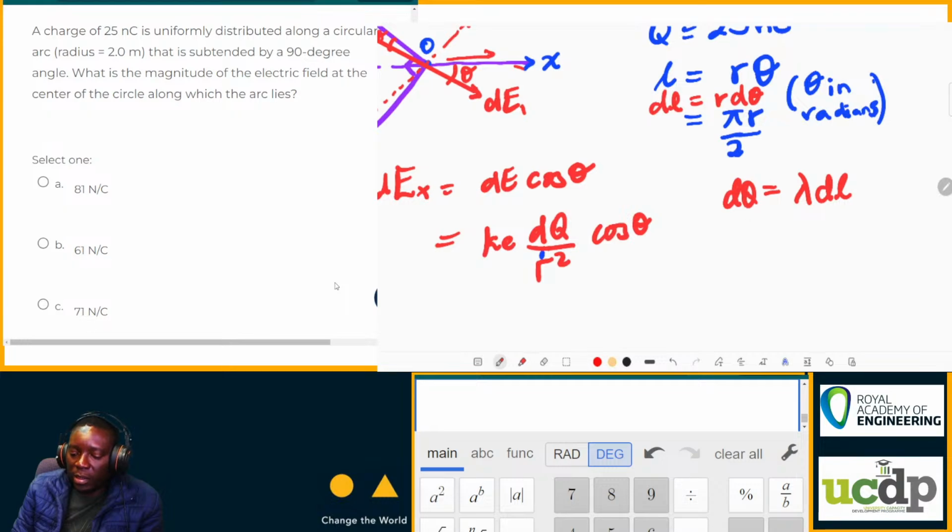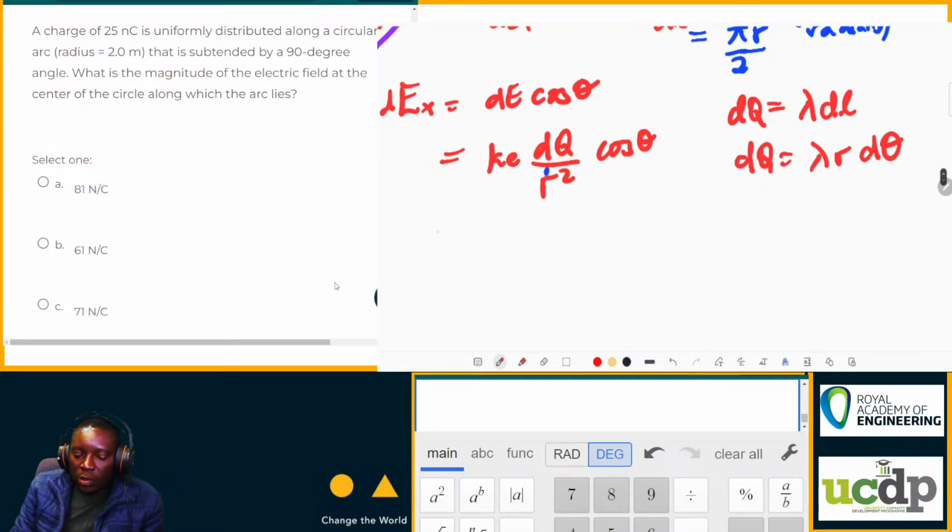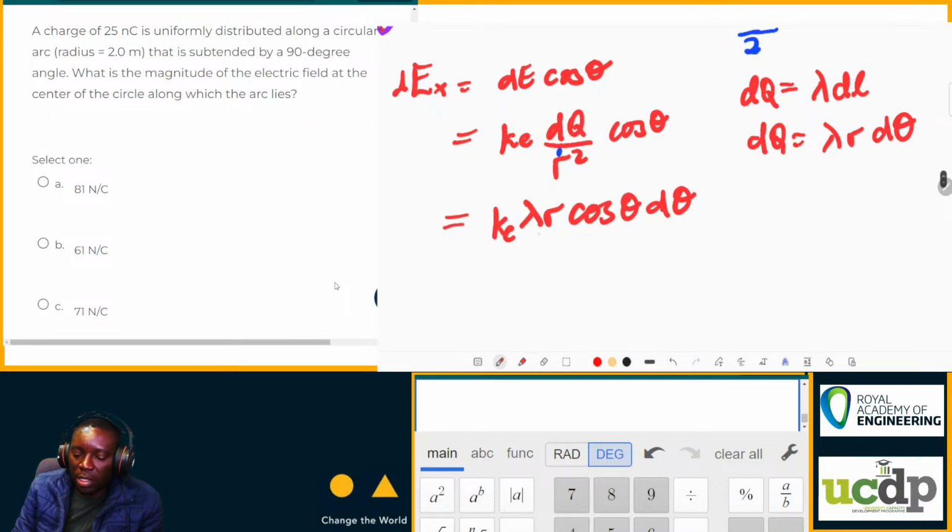So this dq can be replaced with lambda times r d theta. Therefore we have Ke, we replace dq with lambda r cos theta d theta. We now have a variable which varies with the angle, everything over r squared.